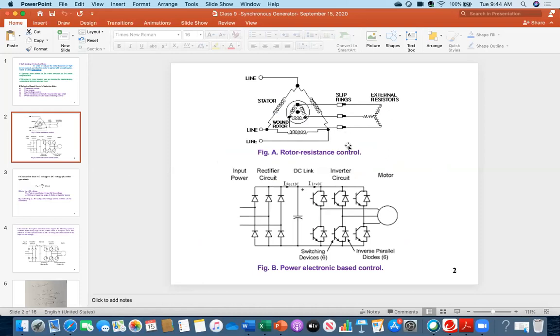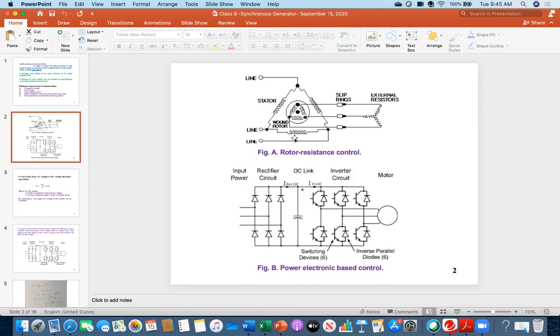This is for the wound rotor type, not for the squirrel cage type, because in squirrel cage rotor you cannot change the speed. There is no provision to connect any external resistor. So keep in mind, when it is rotor resistance control, that is only for the wound rotor type.